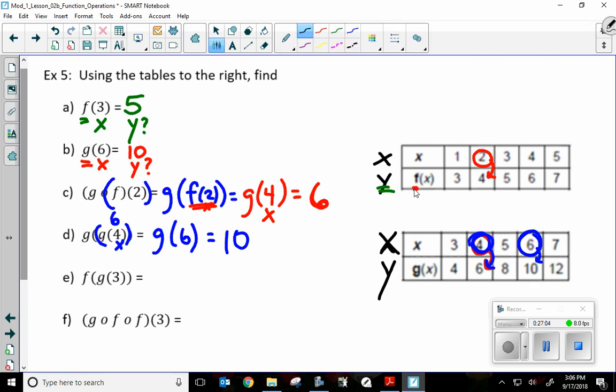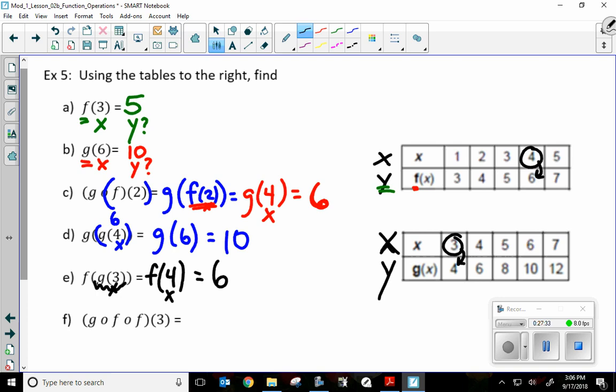Now, f of g of 3. We're on letter E now. When x is 3, what's my y value for g? When x is 3, my y value is 4. So this is like 4. F of 4. Okay. When my x value is 4, 6. There you go. Simple.